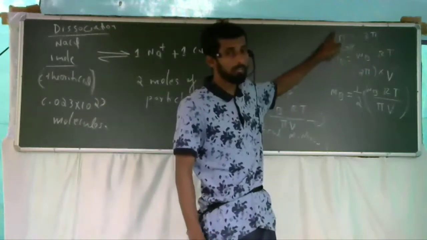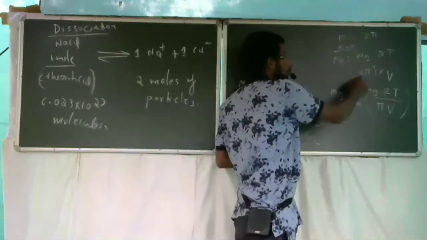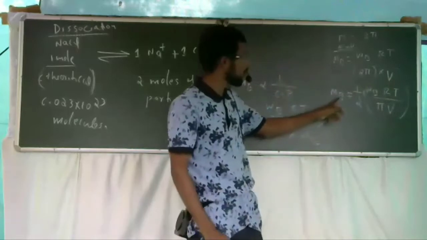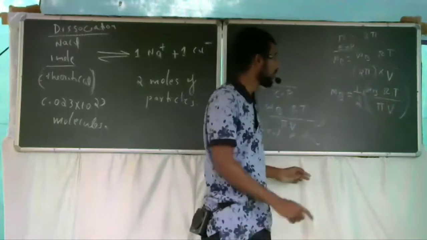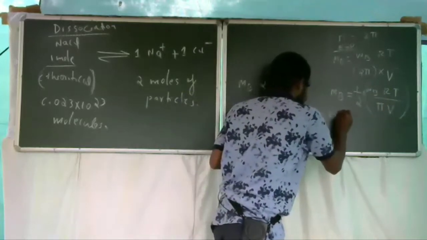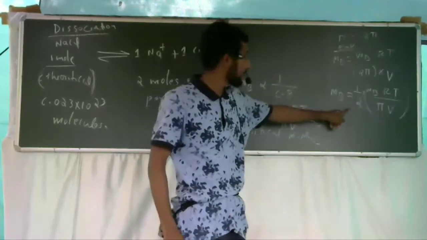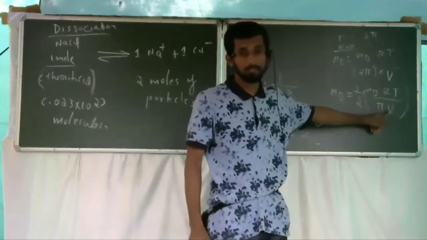So Mb equals WBRT divided by 2 pi V, which simplifies to half of WBRT divided by pi V. This Mb is the experimentally calculated, or observed, molecular mass, which is half of the normal molecular mass.